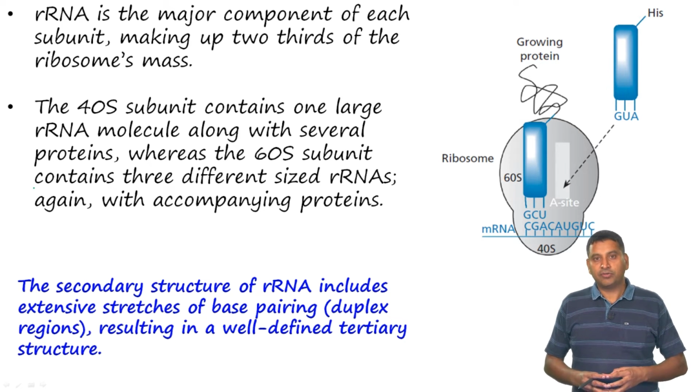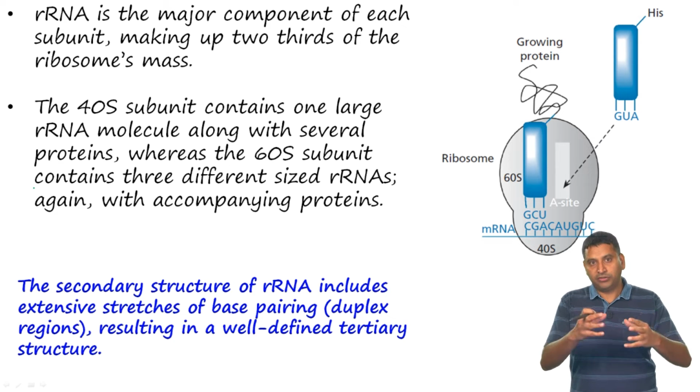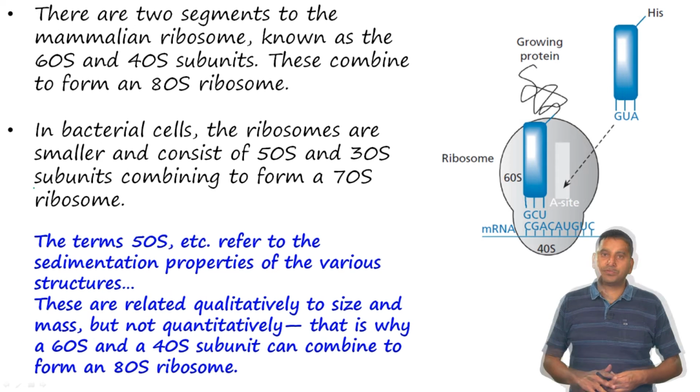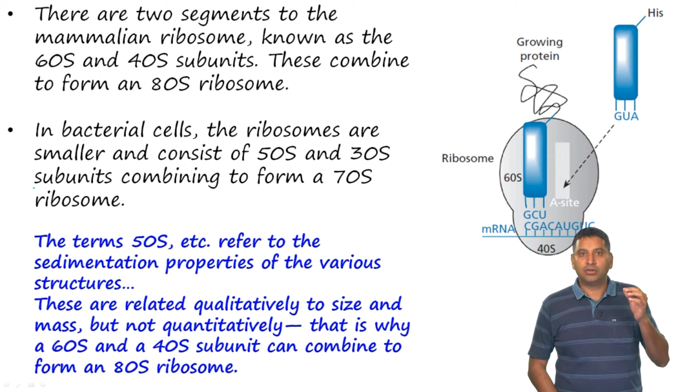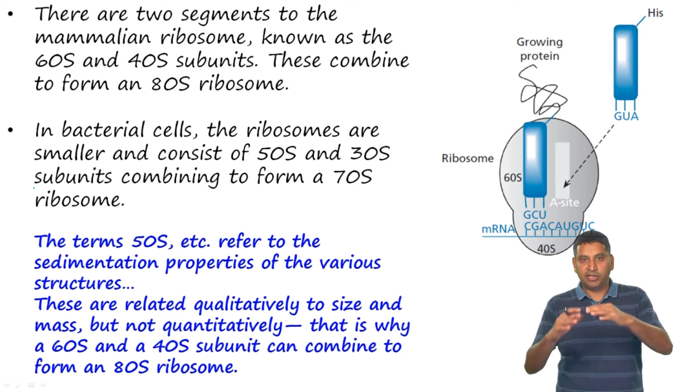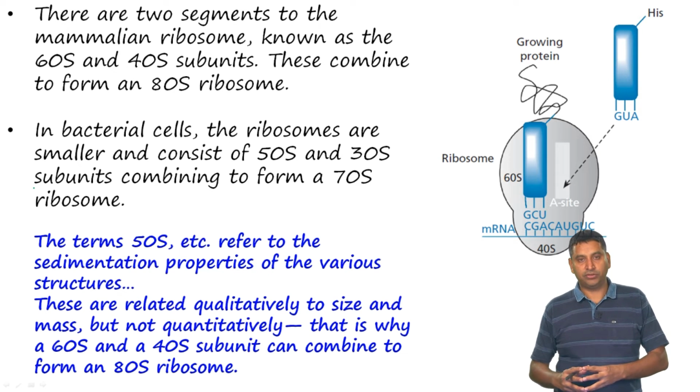The secondary structure of RNA includes extensive stretches of base pairing, which are duplex regions, resulting in well defined tertiary structures. There are two segments to the mammalian ribosome, known as the 60S and the 40S subunits. These combine to form an 80S subunit. Of course, the term S refers to the sedimentation properties of the various structures.